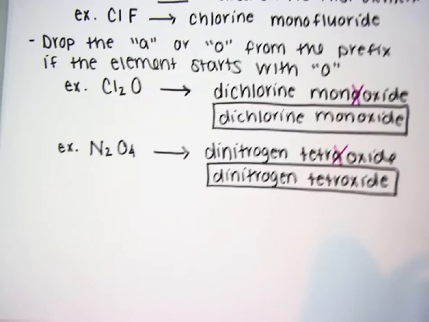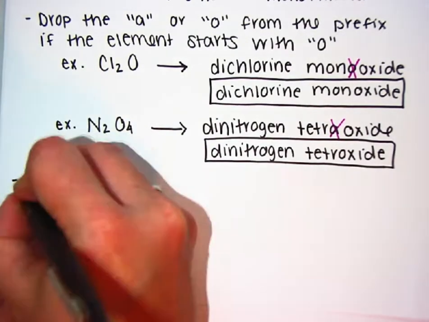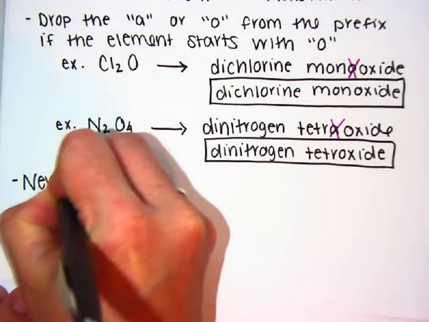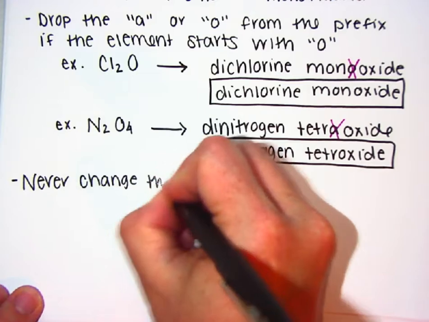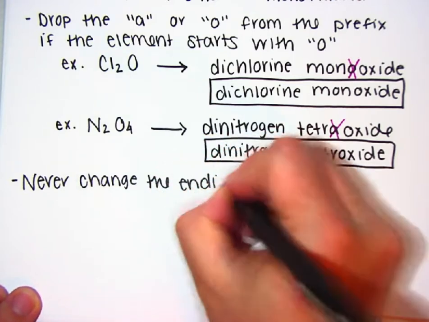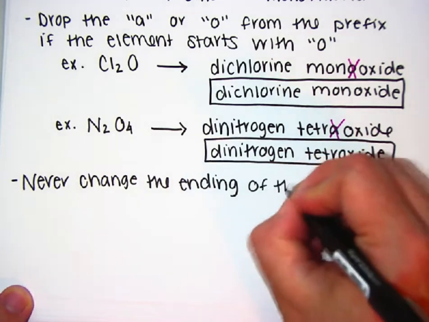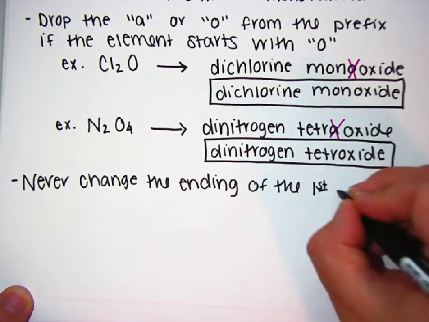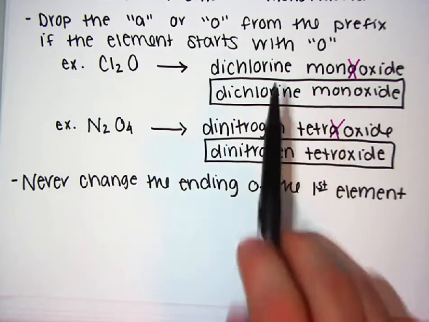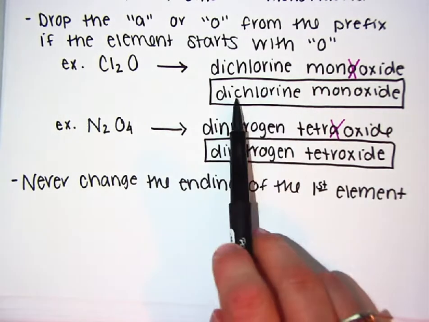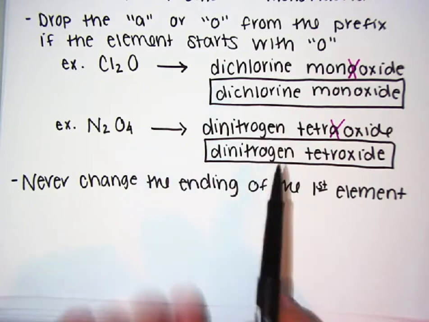Last two rules. These ones you should be familiar with for ionic compounds. Never change the ending. Don't change the suffix. Never change the ending of the first element. So notice that we didn't change the spelling. This is chlorine, not chloride. This is nitrogen, not nitride.